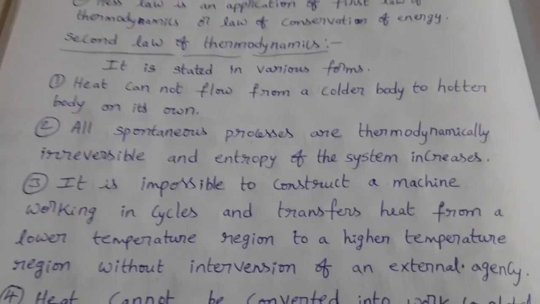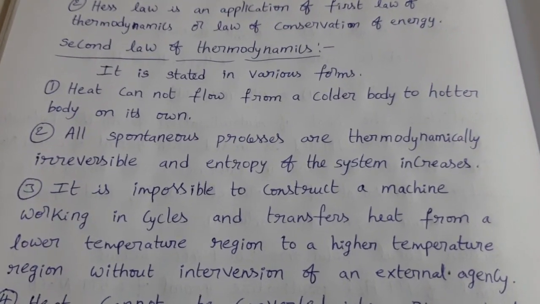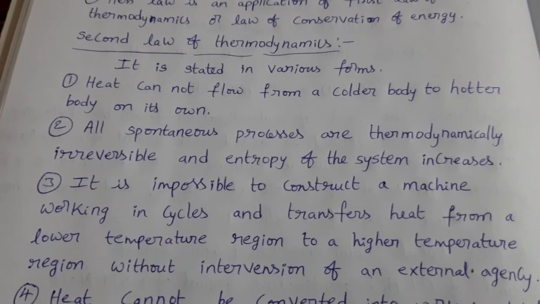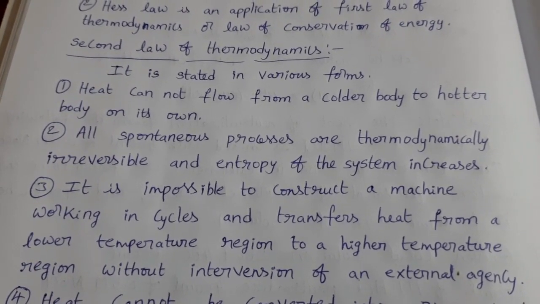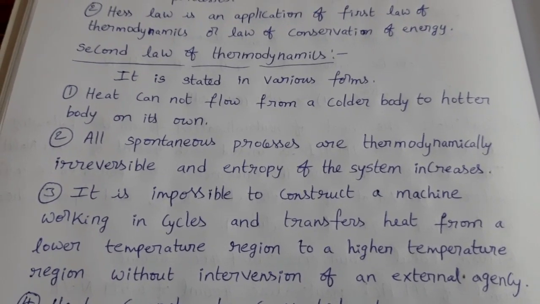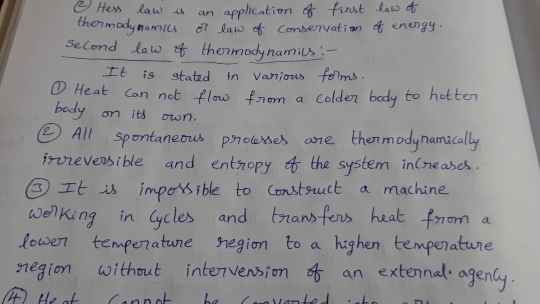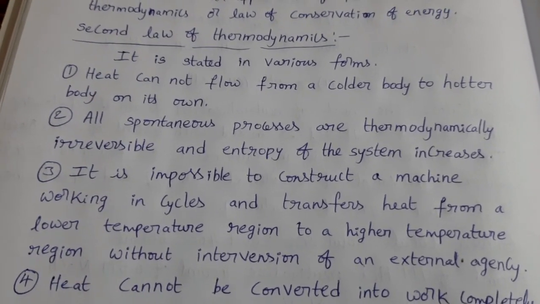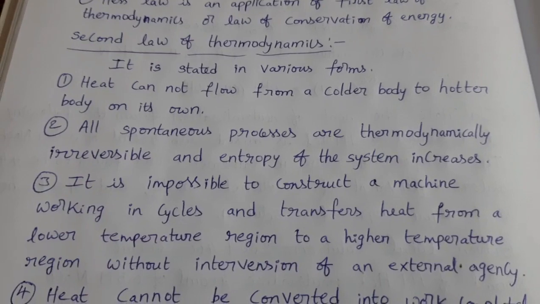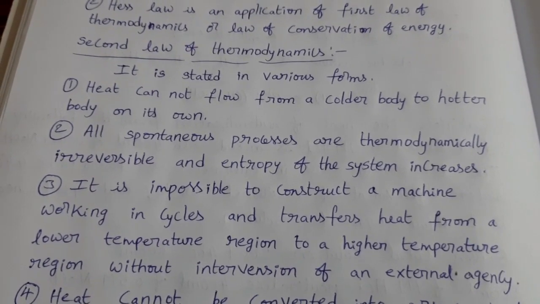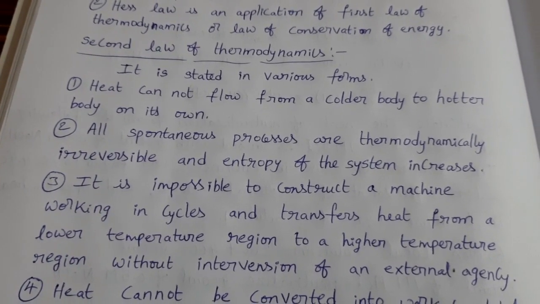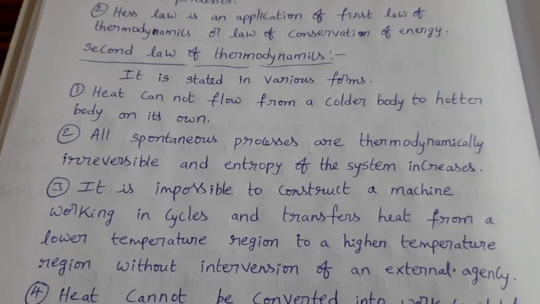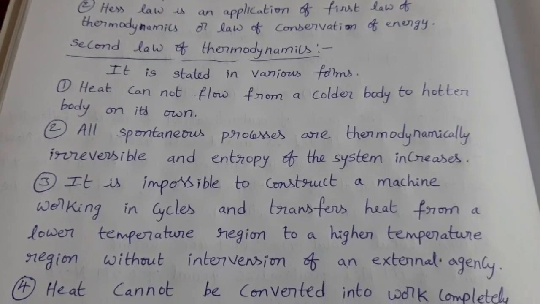See the next one. It is impossible to construct a machine working in cycles that transfers heat from a lower temperature region to a higher temperature region without intervention of an external agency. We already covered the same thing in the first statement. So if I want to construct a machine which transfers heat energy from a low temperature region to a high temperature region, it is not possible without intervention of an external agency.